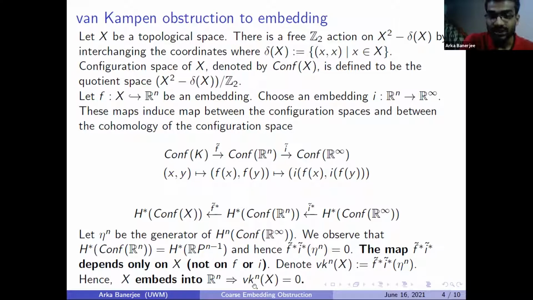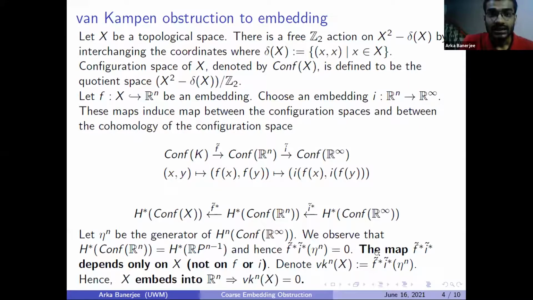And so here you get an obstruction. If I give you a space X, and you can figure out that the Van Kampen class of this X is not equal to 0, that just means X cannot be embedded inside Rn. Okay, so that's what the Van Kampen obstruction is. In order for X to embed inside Rn, some class which lives inside the cohomology of the configuration space of X has to vanish.